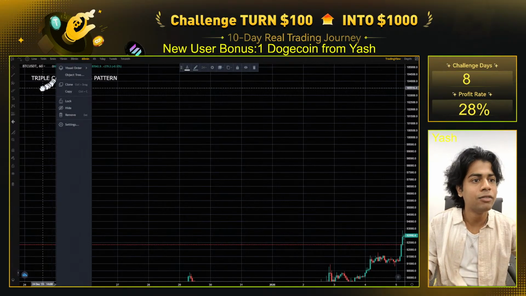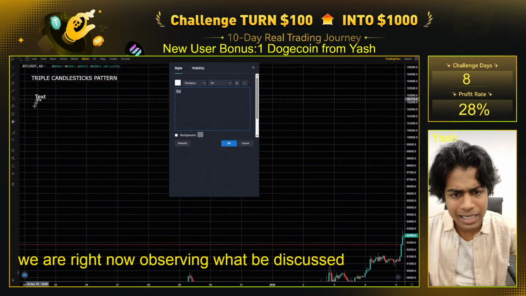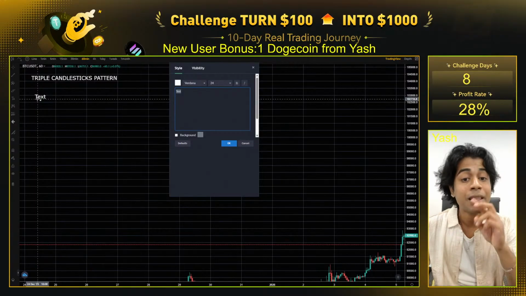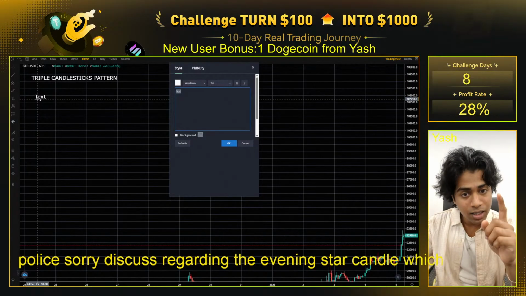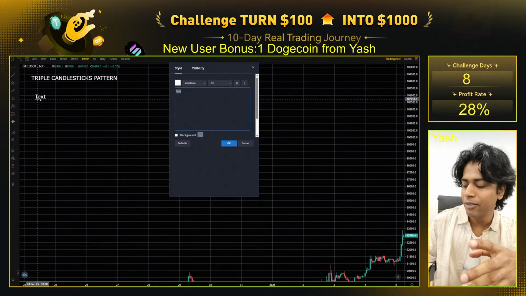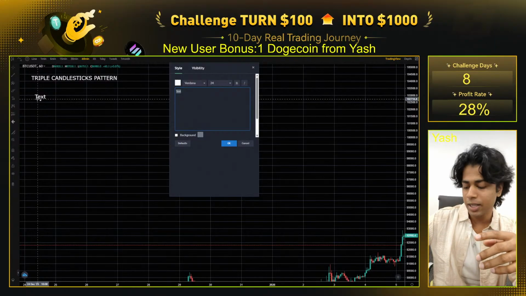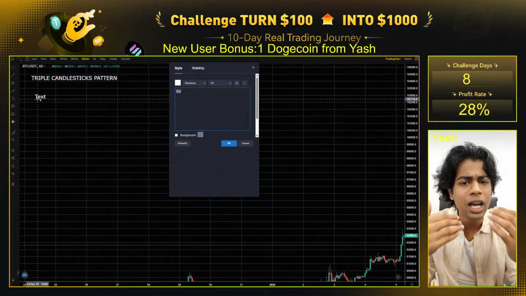In the triple candlestick patterns, we have discussed the morning star candle, which was our bullish candle. Then we discussed the evening star candle, which was our bearish candle. Before explaining the concept, I will tell you about two to three kinds of jargons which I will use in the market a lot of times.